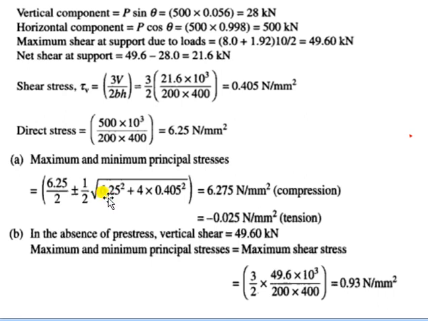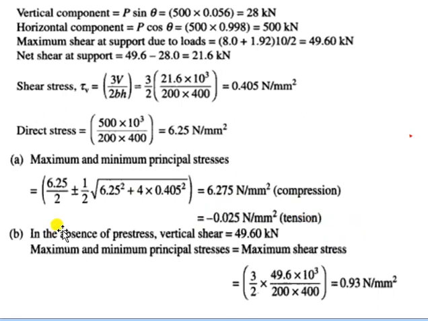Tau v is the shear stress, 0.405. This gives 6.275 Newton per mm square, or minus 0.025 Newton per mm square. This is the maximum and this is the minimum principal stress when we consider pre-stressing of a cable.